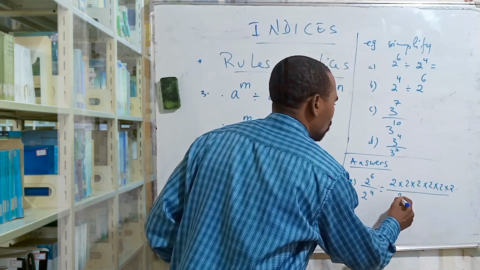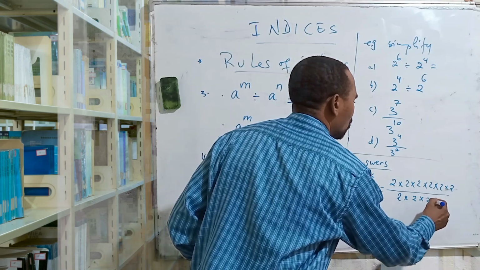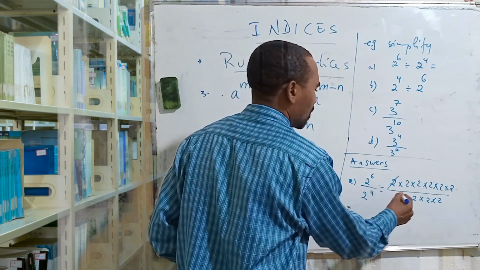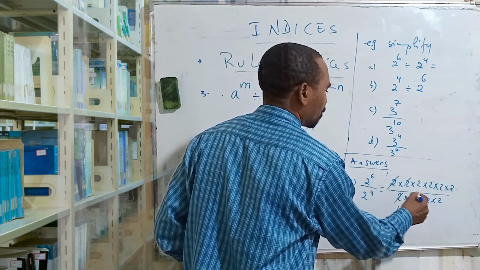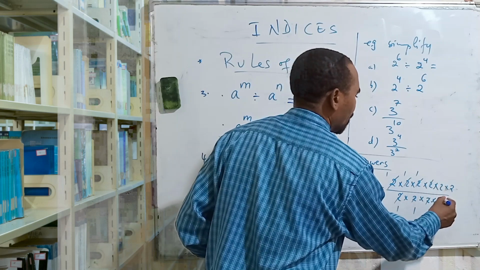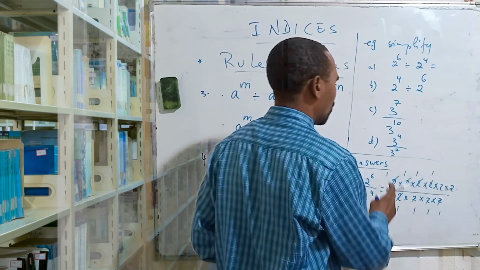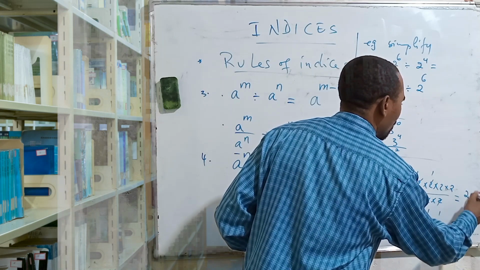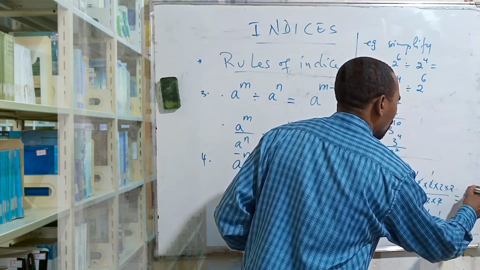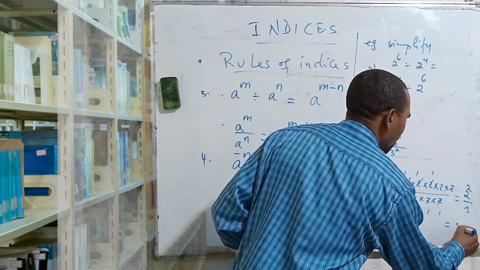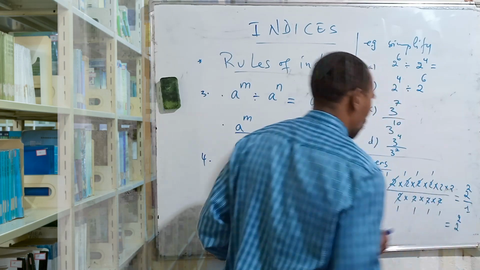This is over 2 times 2 times 2 times 2, 4 times. And you simplify, you know, this is 1, 1, 1, 1. Then 1 times 1 times 1 times 1 times 2 times 2, you get 2 power 2 over 1, which is finally 2 power 2.